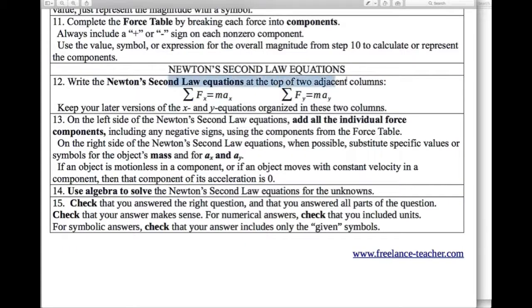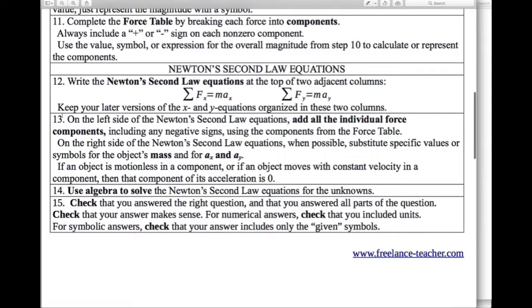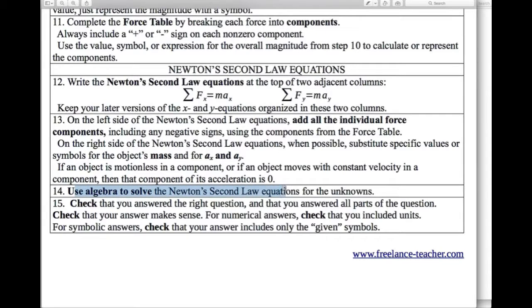We've completed this step, adding the force components including negative signs. We substituted for mass and for a sub x and a sub y, and we used this rule: since the object was motionless in the y component, the acceleration was 0. Now we're ready to use algebra to solve the Newton's second law equations.